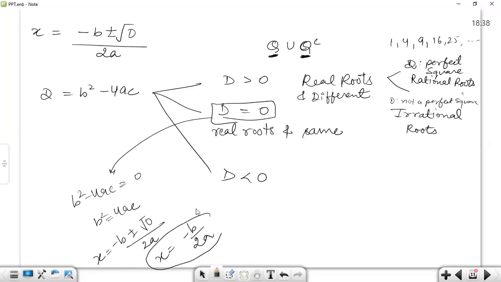There is only one root, but as it is a quadratic equation, we say there are two roots and they are the same roots. Let me give you an example.